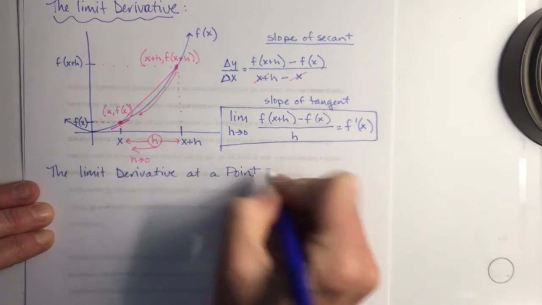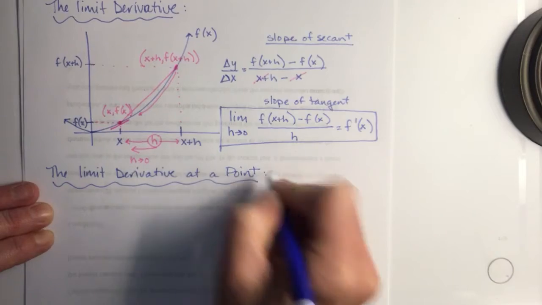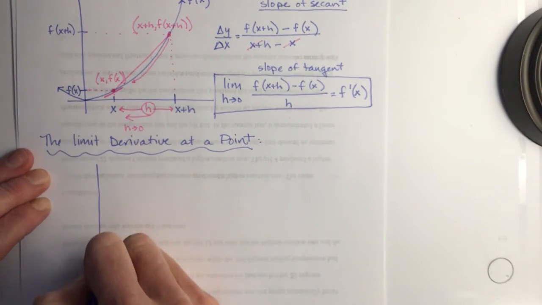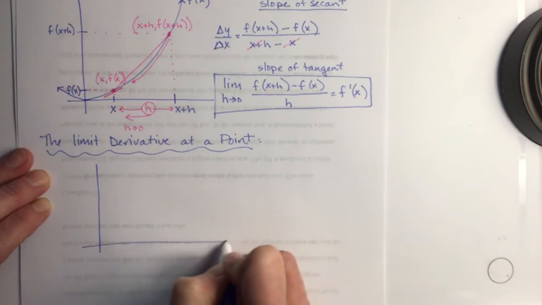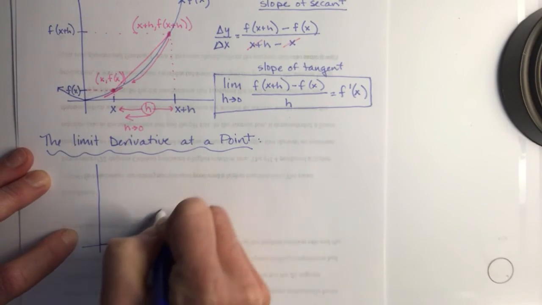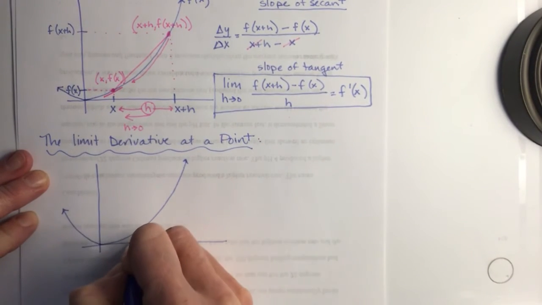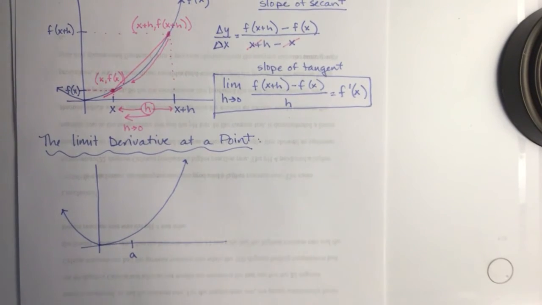So it's the same or a very similar concept, but now we're finding the derivative at a certain point, not just in general x. So let me draw the picture again. And now we're going to call this point a instead of any point x.